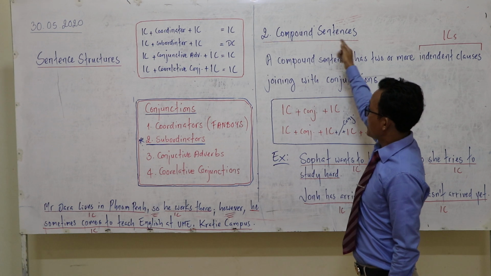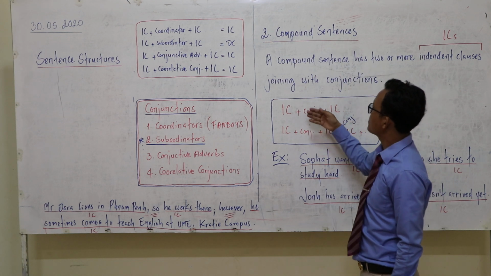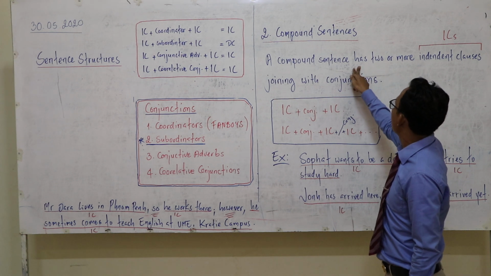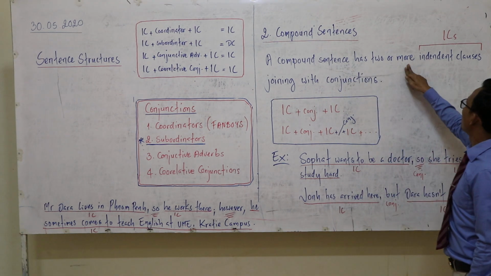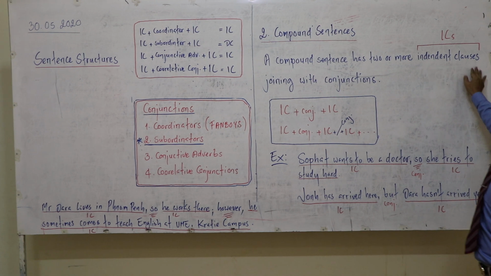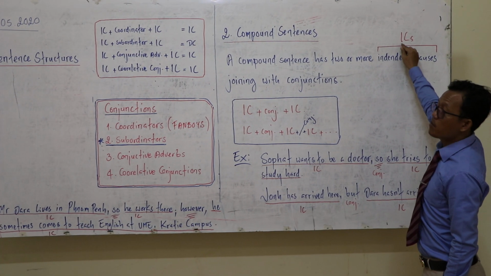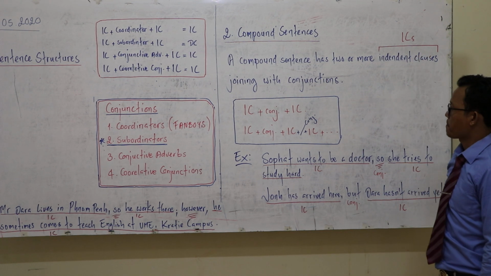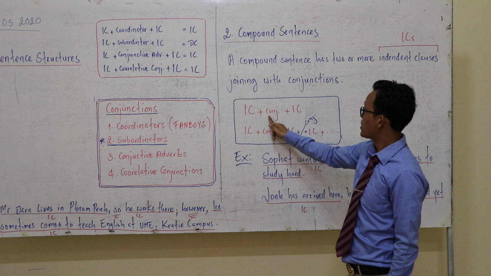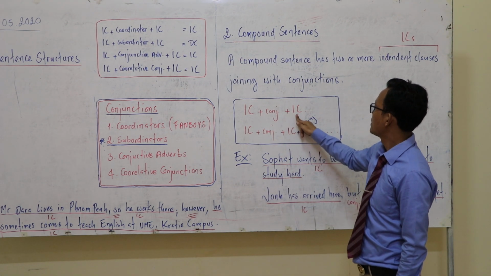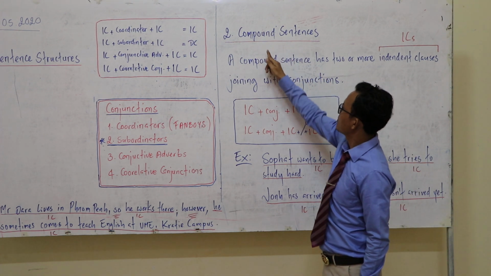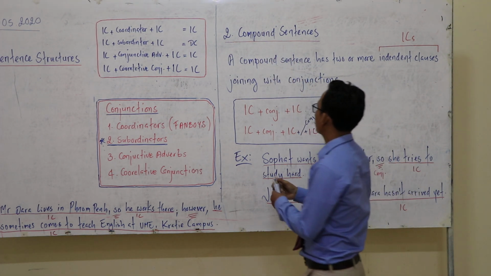So again, a compound sentence refers to a sentence that has 2 or more independent clauses, or 2 or more ICs. Like this form, IC plus conjunction plus IC becomes a compound sentence.